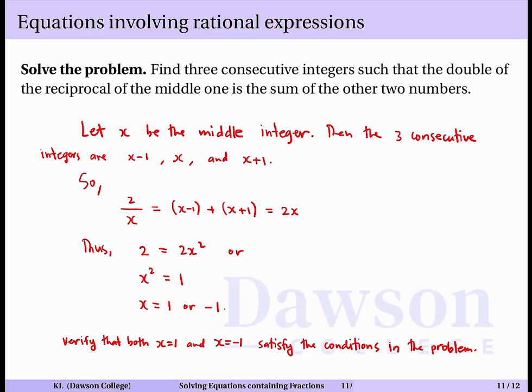Particularly, if x equals 1, what are the three integers? 1 is the middle part. The next integer is 2. The integer before that is 0.